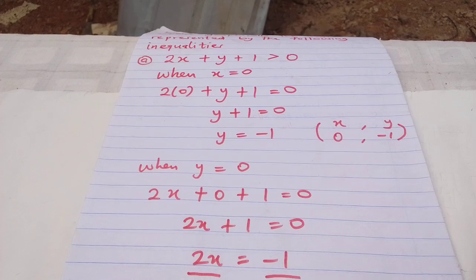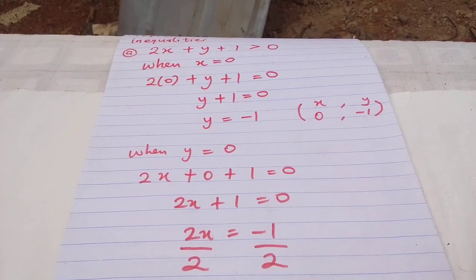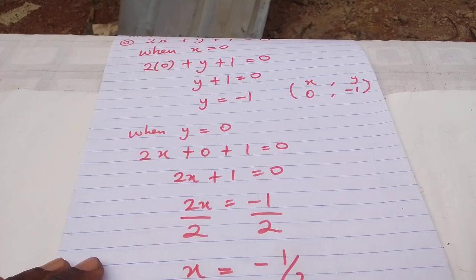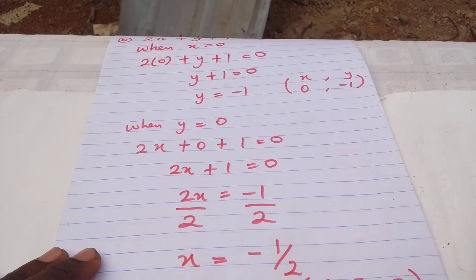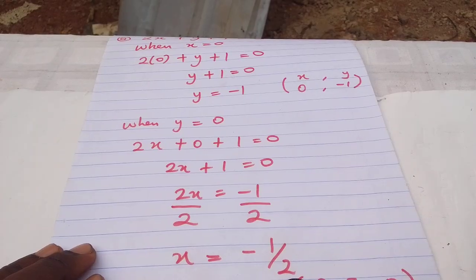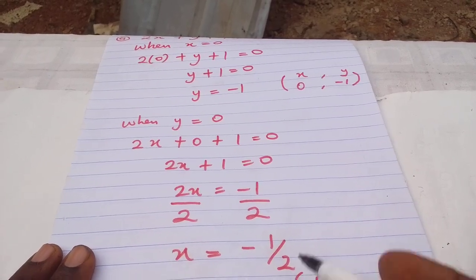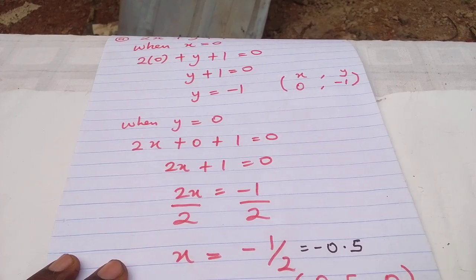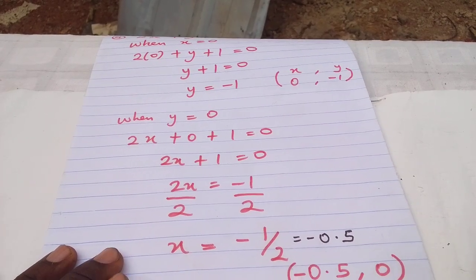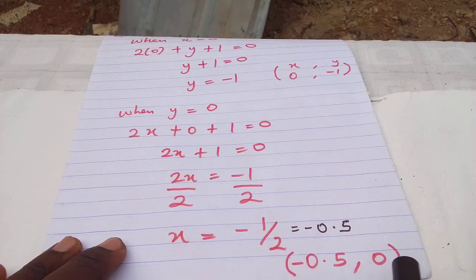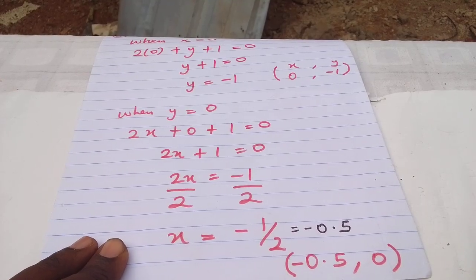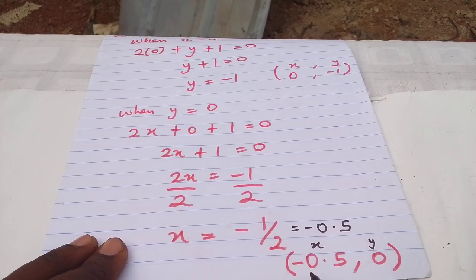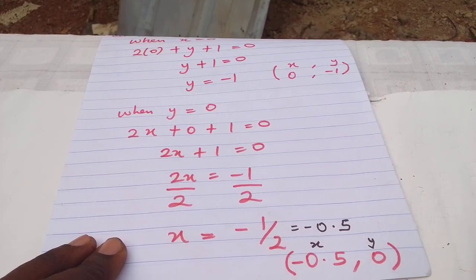To get x, divide both sides by 2, so x is minus 1 over 2, the same as minus 0.5. So when x is minus 0.5, y is 0. You always write the value of x first before y.